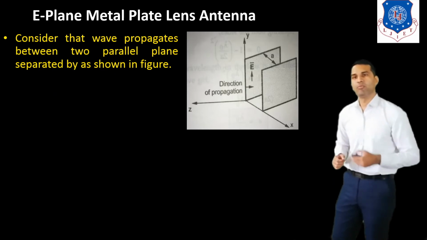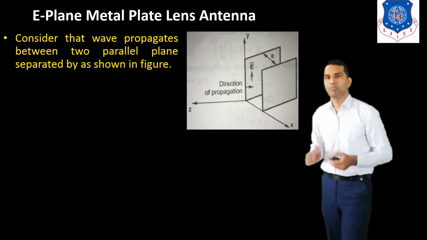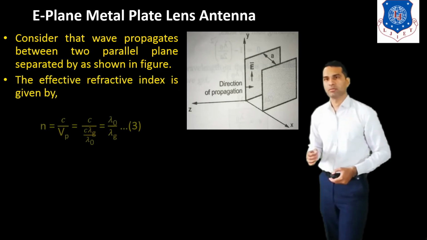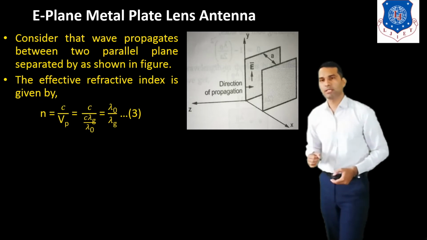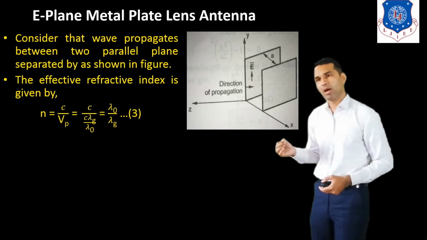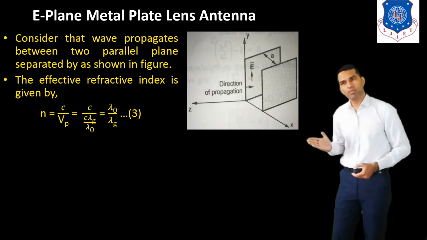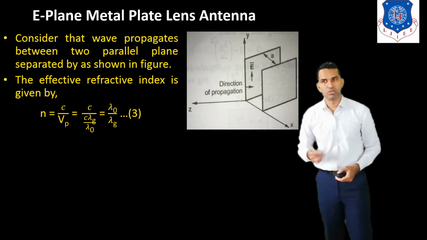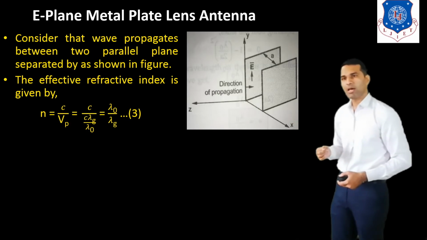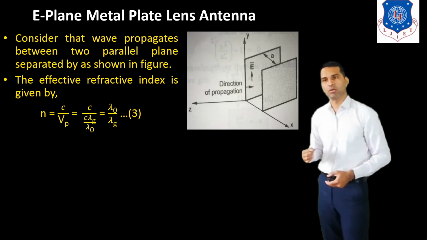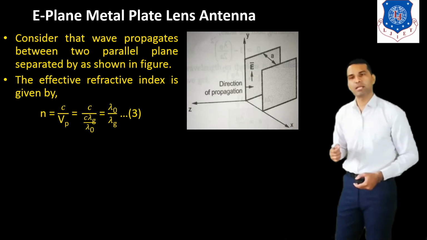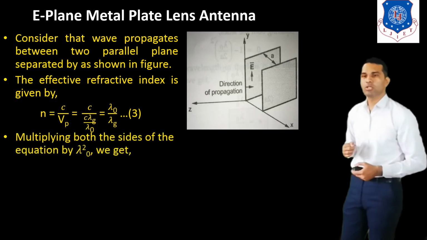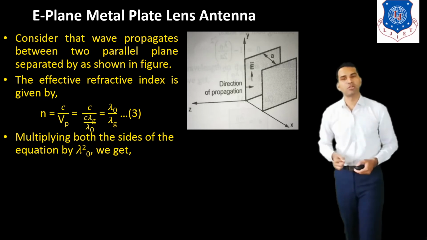Now consider that the wave propagates between two parallel planes separated by a, as shown in the figure. The effective refractive index is given by n equals C upon Vp. We have the value of Vp, so we put the value in this equation. So we can write C upon C lambda g upon lambda 0. So we get n, that means the refractive index is nothing but lambda 0 upon lambda g. Now we multiply both sides of the equation by lambda 0 square.